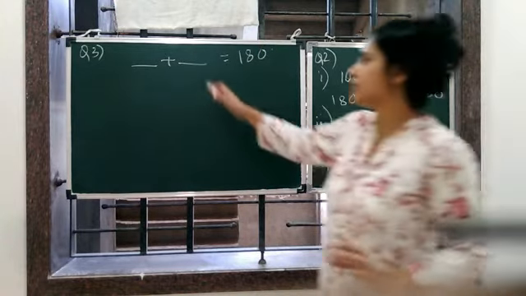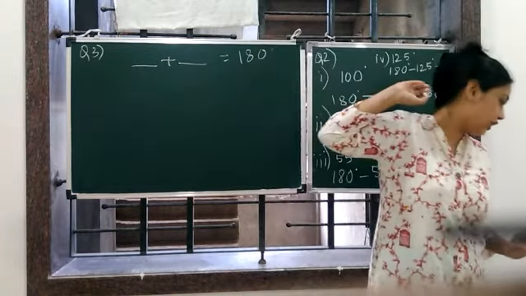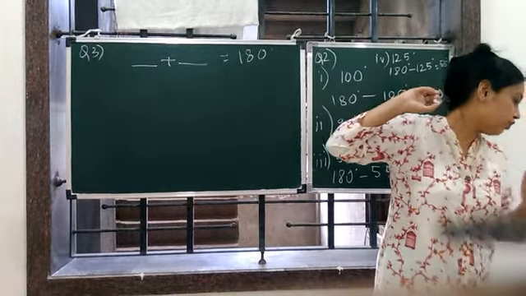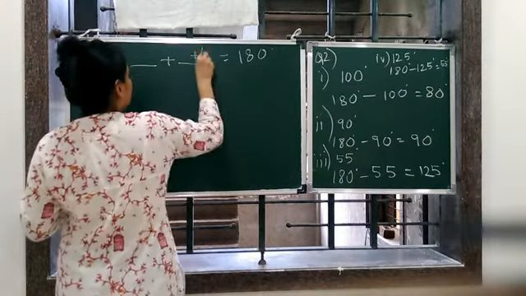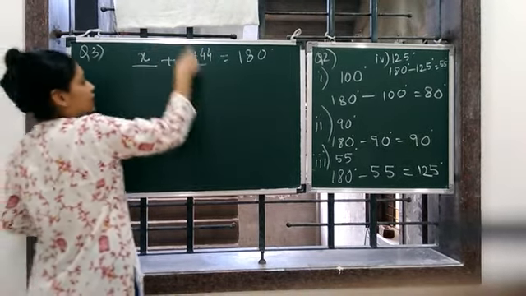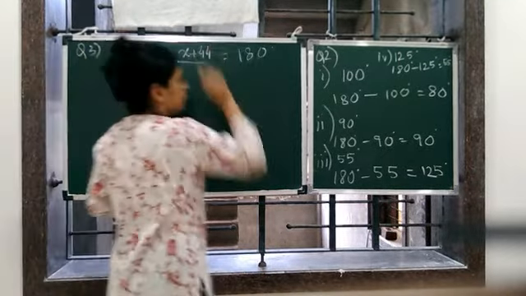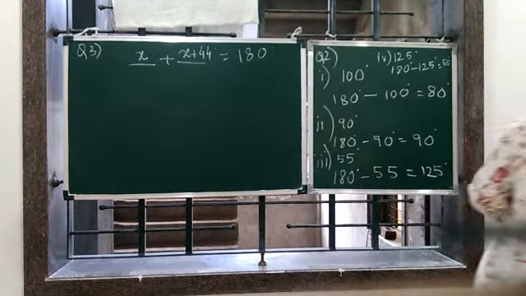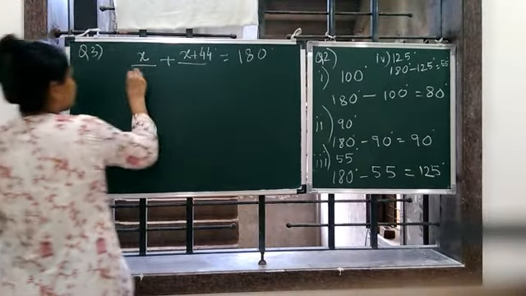The measure of the larger means हम किसी को भी इन दोनों में से larger angle मान लेते हैं. So the measure of the larger angle is 44 more than the smaller angle. So if you take the smaller angle as x, then the larger angle will be x plus 44 degrees. Yes. So we have to find the two angles. Yes. Find their measures.